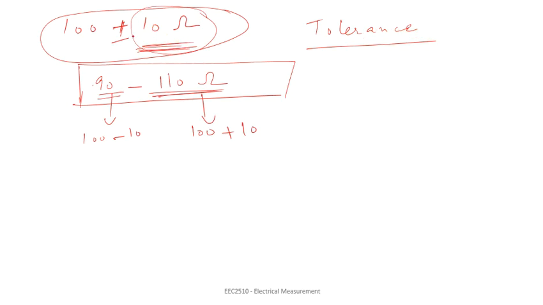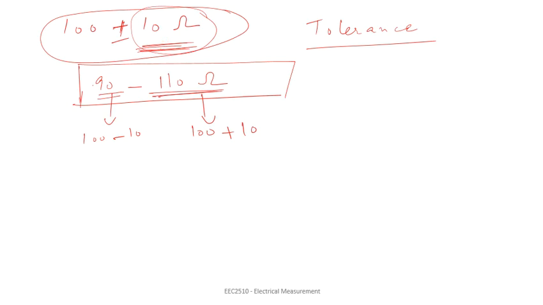So this is the absolute error. Now the manufacturer sometimes can give the value in this absolute mode, or he can also give the value in percentage form. If he supplies it in this form, it is the absolute limiting error, and if he gives the value in percentage form, it becomes the percentage limiting error.